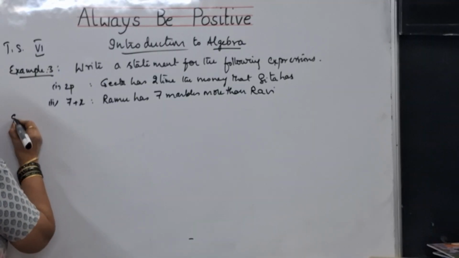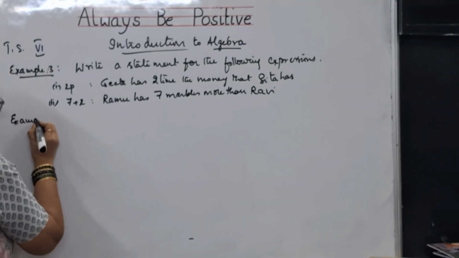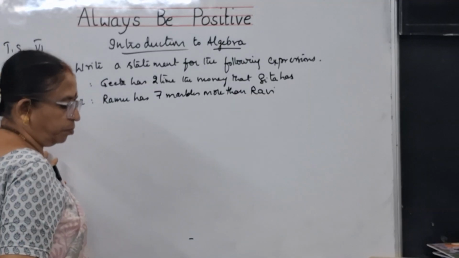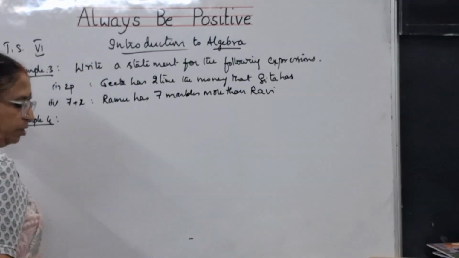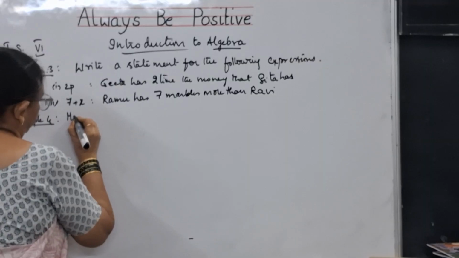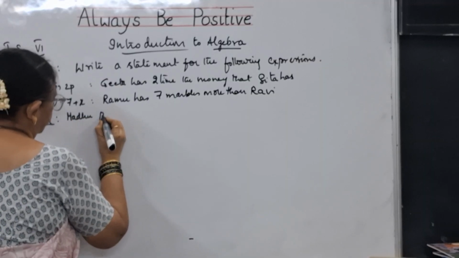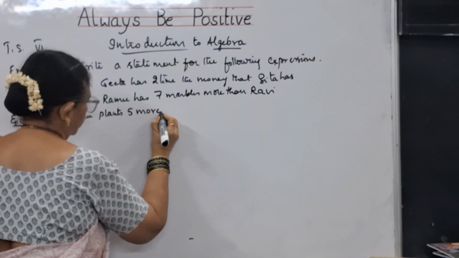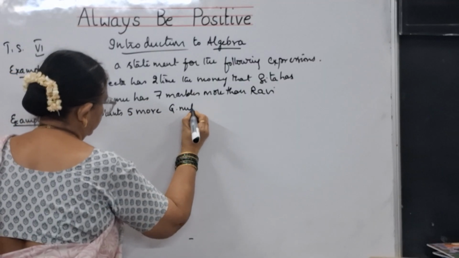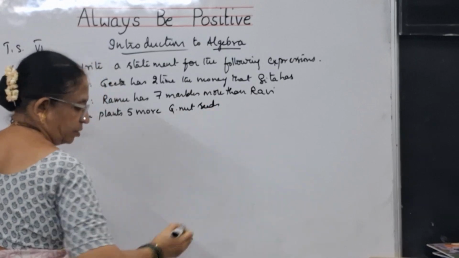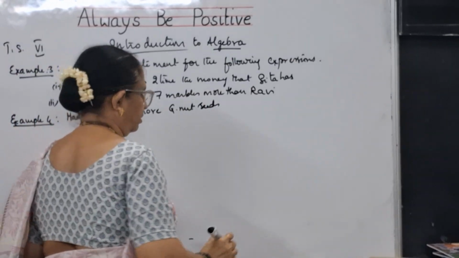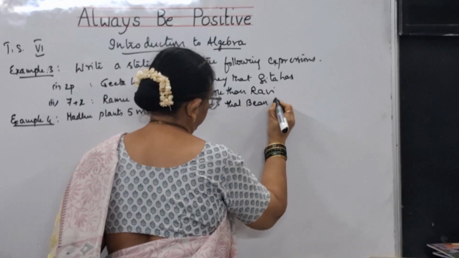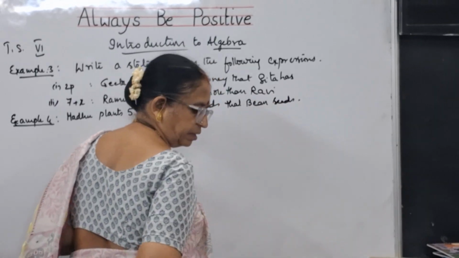Then example 4. Madhu plants 5 more groundnut seeds than bean seeds.